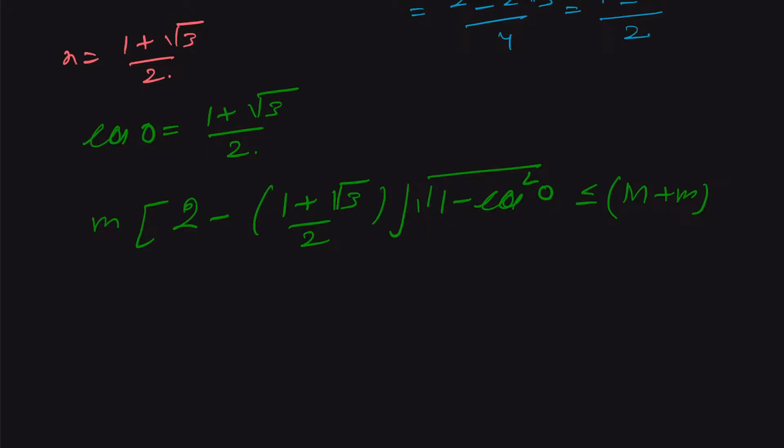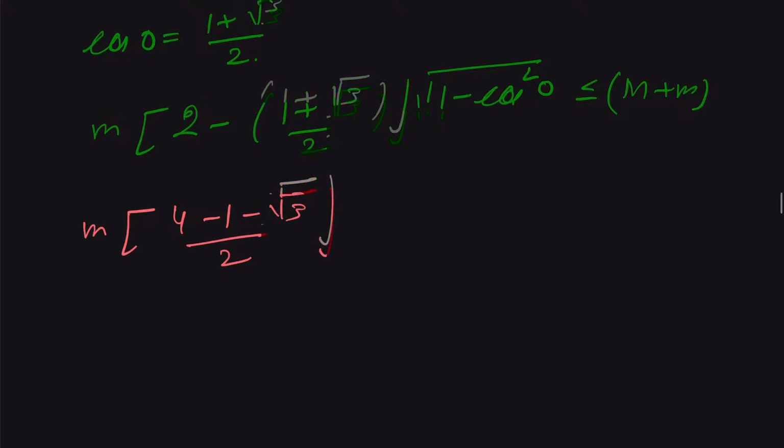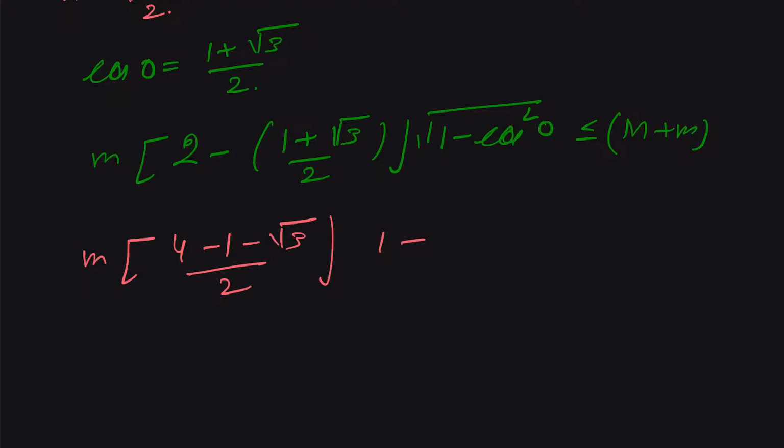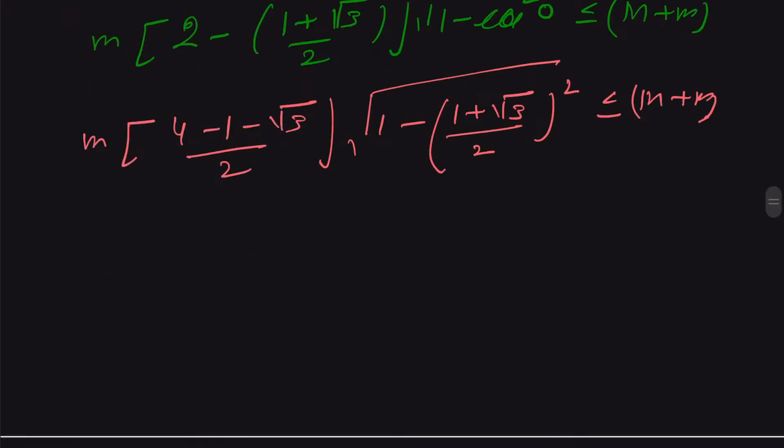Yeah, I think this is okay. So we get this as M, and this will be (4 - (1 - √3))/2, and here we get 1 minus ((1 + √3)/2) whole squared, and its square root, less than or equal to M + m.